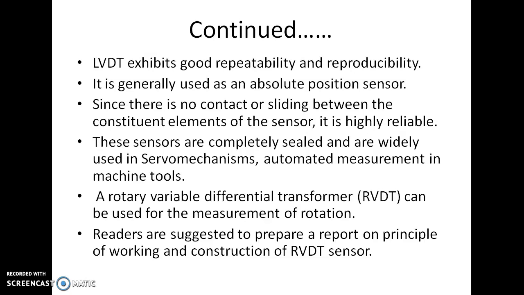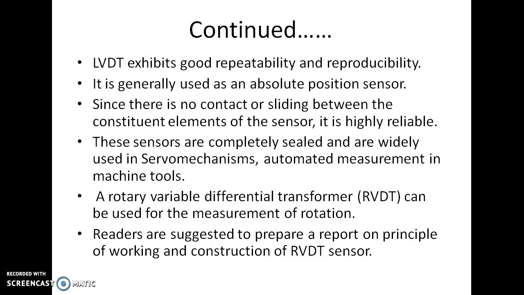Since there is no contact or sliding between the constituent elements of the sensor, it is highly reliable. No sliding means no friction, so it can last a long time. These sensors are completely sealed and widely used in servo mechanisms and automated measurement in machine tools.